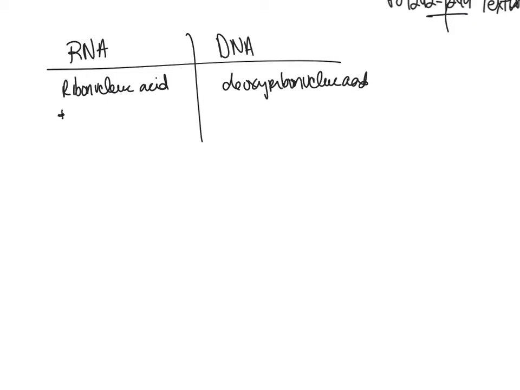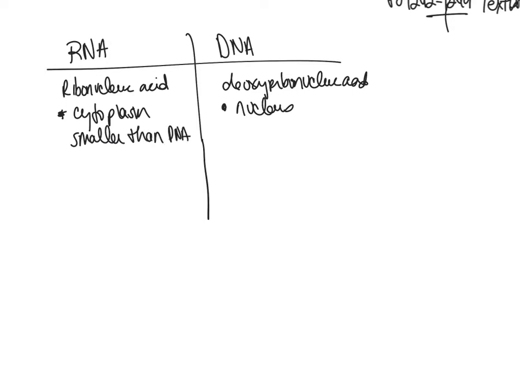RNA is mostly found in the cytoplasm of the cell. DNA is found in the nucleus of the cell. RNA is much smaller than DNA. DNA is really a huge molecule, molecular weight about 50 billion.